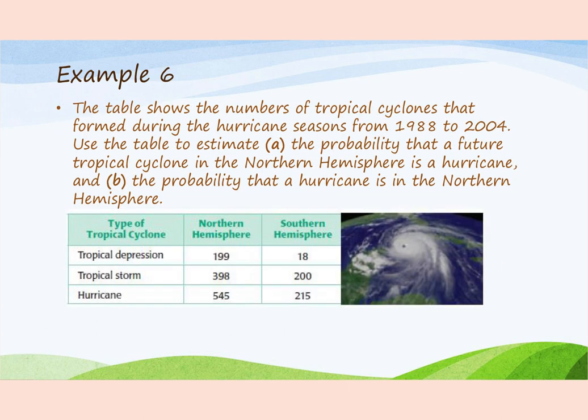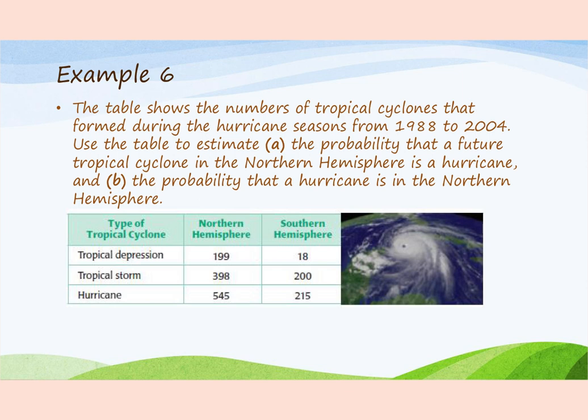All right, now we get into some charts. So this one says a table shows the number of tropical cyclones that formed during the hurricane seasons from 1988 to 2004. Use the table to estimate A, the probability that a future tropical cyclone in the northern hemisphere is a hurricane. So we are looking at a tropical cyclone in the northern hemisphere.